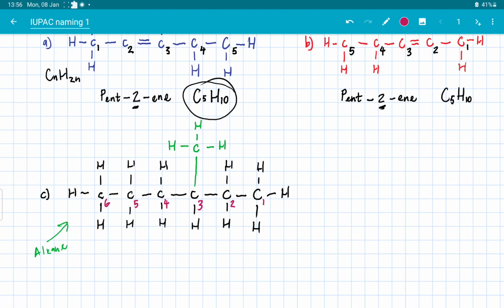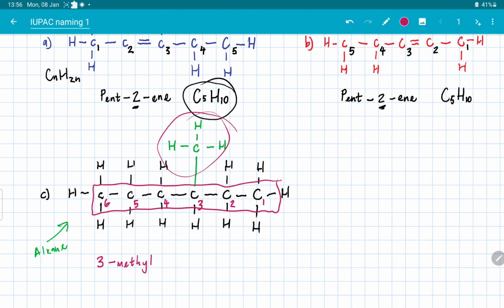And then now I must start naming by mentioning the position of that alkyl group. So I will say this is 3-methyl. But for the main continuous chain, when I count, notice I don't count the carbon of the alkyl group.